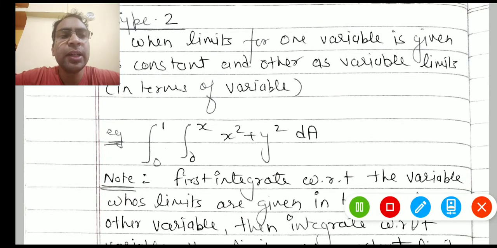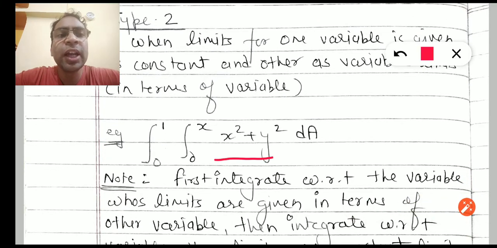The function is x square plus y square, but now we can see that one set of limits is given from 0 to x. These are not constant limits, they are variable limits in the variable x, and the other limits are constant limits, 0 to 1.